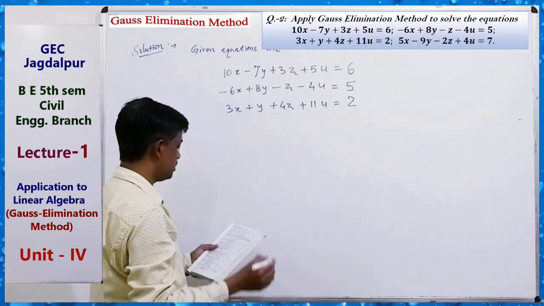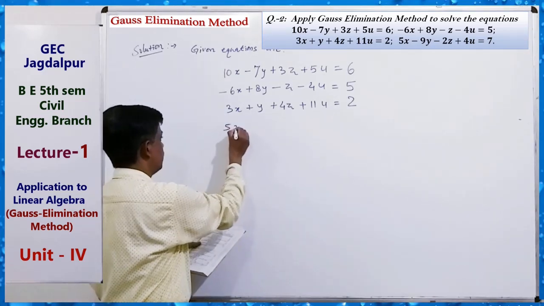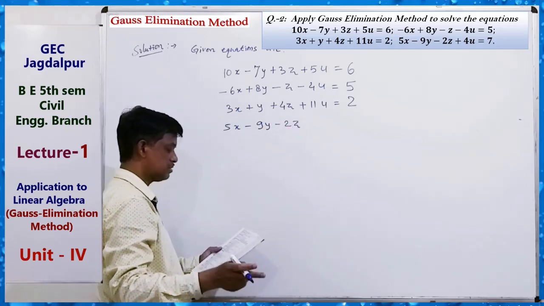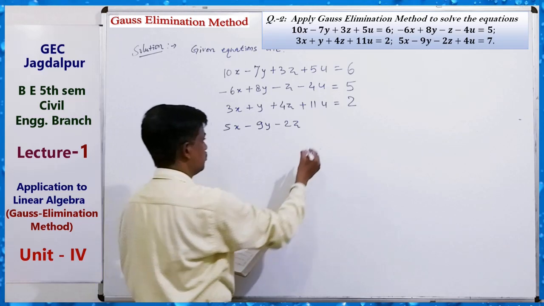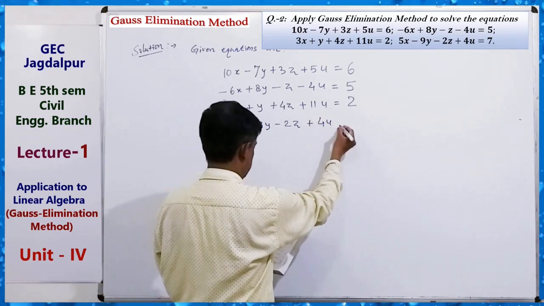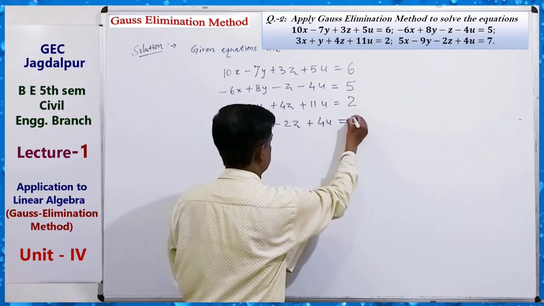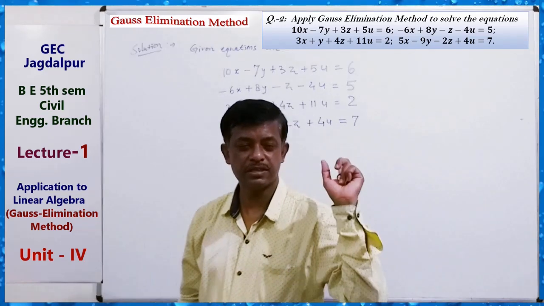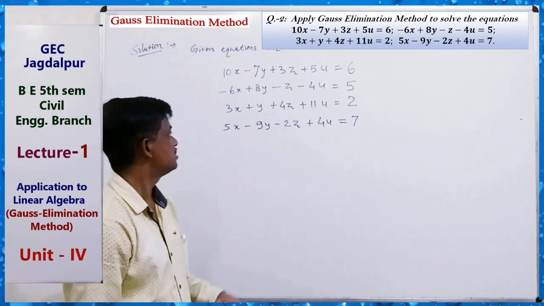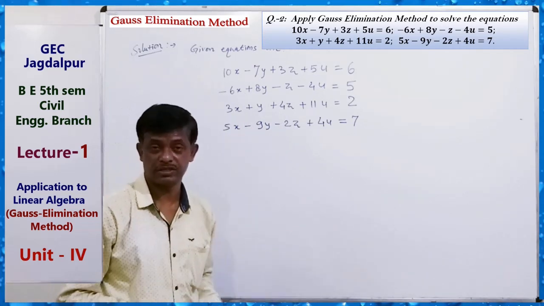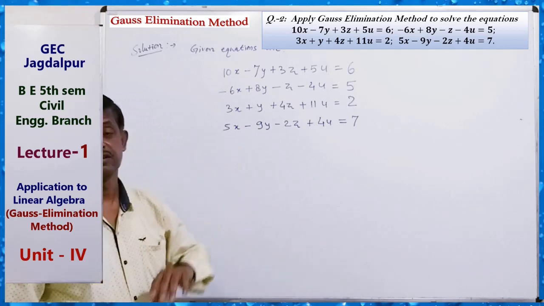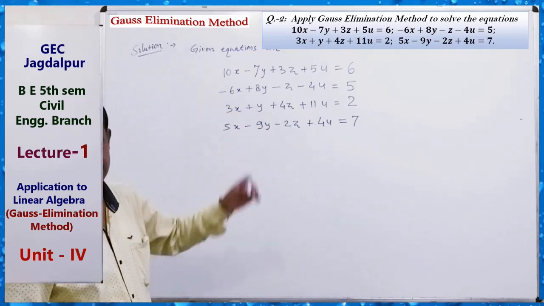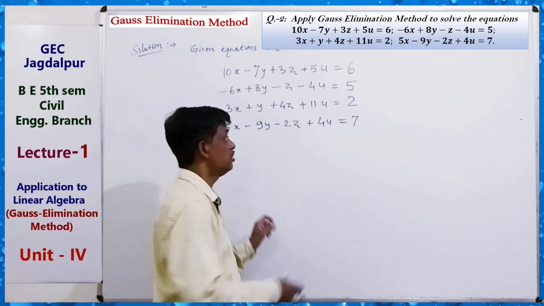And 5x minus 9y minus 2z plus 4u equals 7. This is the given system of simultaneous linear equations in 4 unknowns. We have to solve it.